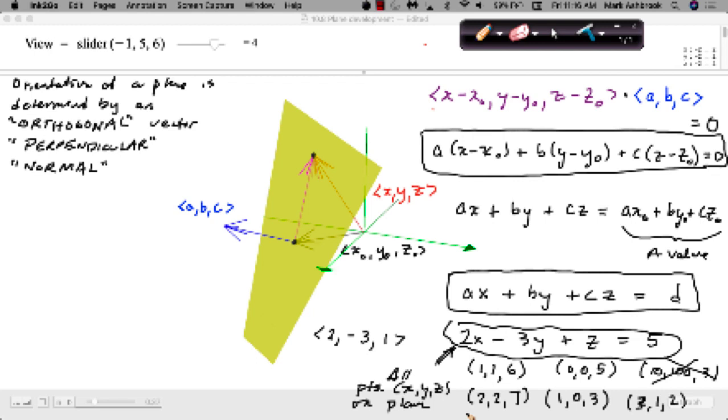Totally different, right? So the string of points in space ended up being a vector function dependent on one parameter t, and the plane ended up being an equation of x, y, and z. So that just underscores that they're very different animals, right?